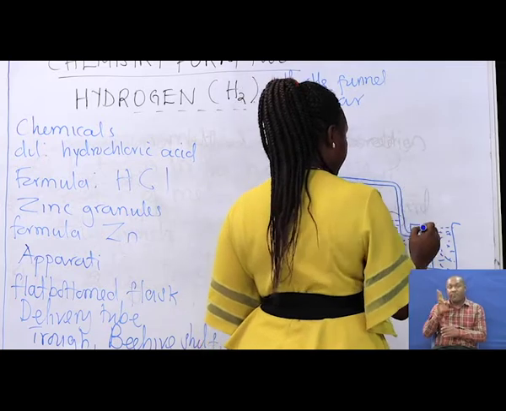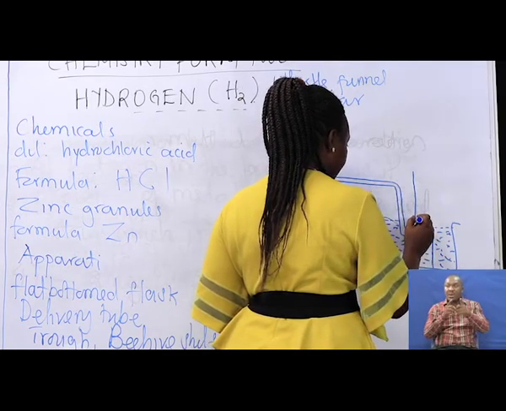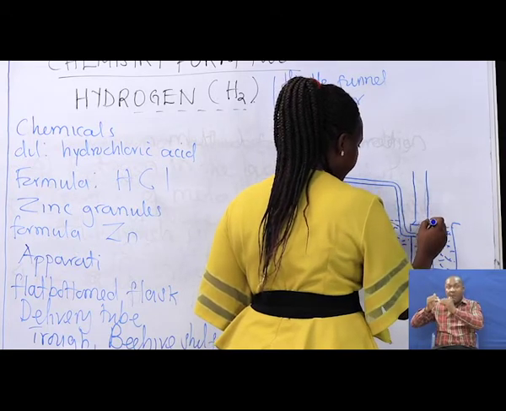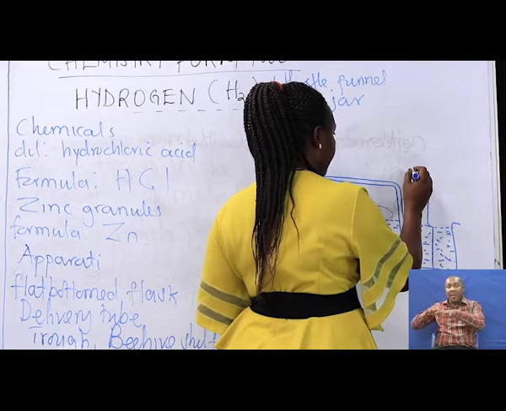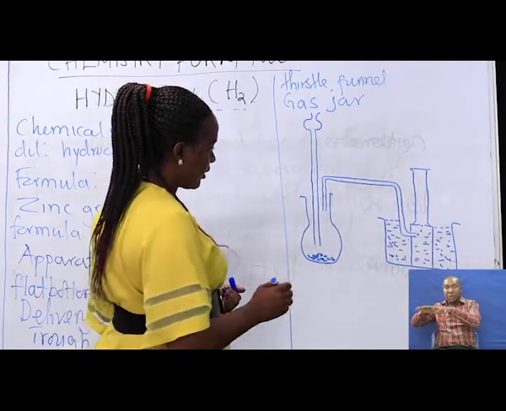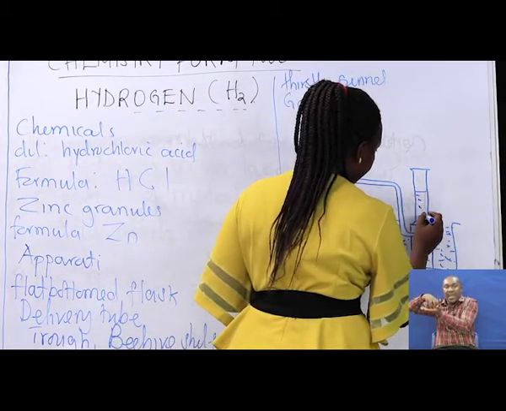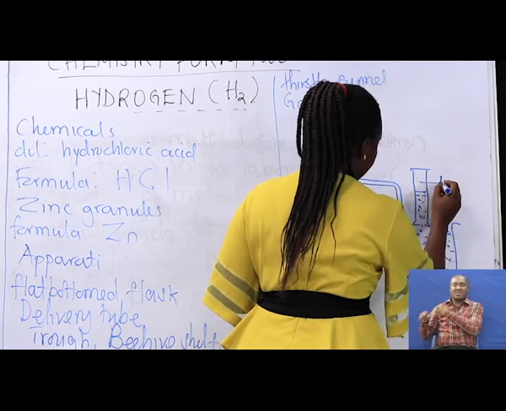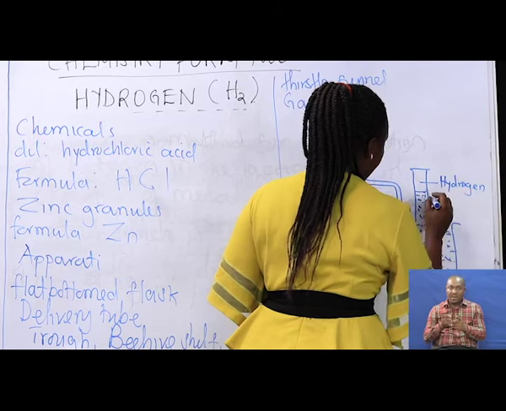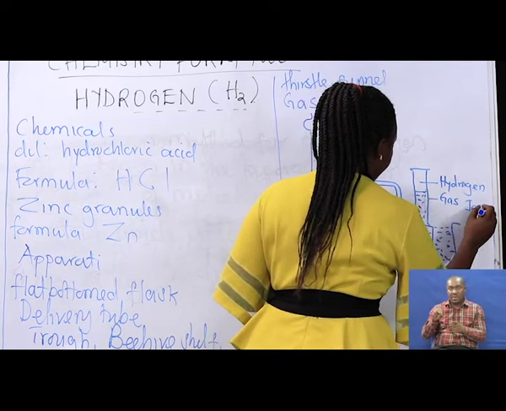Then over the beehive shelf, you must place a gas jar, which is going to be collecting the gas. And therefore, this is our gas jar, and this is hydrogen gas.